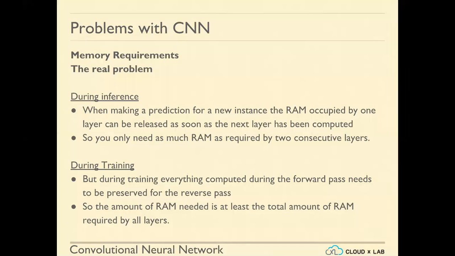Therefore, predictions can be done on thin, low-end devices such as mobiles, while training is generally done on high-end devices, because training requires more memory and predictions do not.